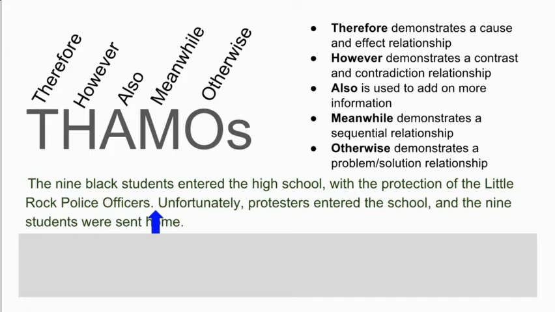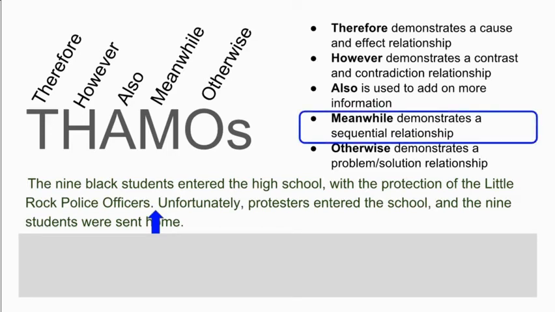Well, if you chose a sequential relationship, you are right. While they were entering the school, at the same time, protesters entered the school. So it's a sequential relationship. So I would use the word meanwhile.